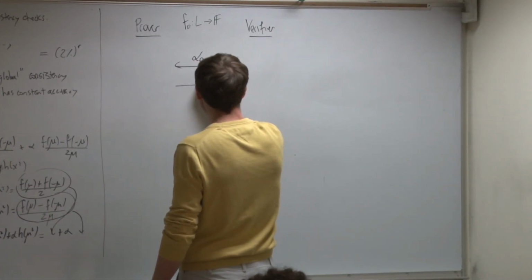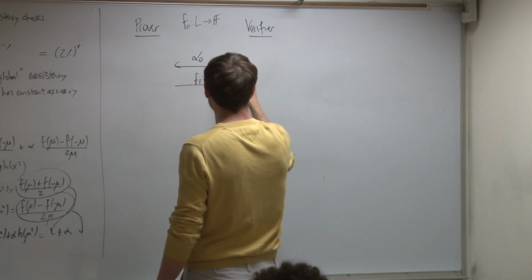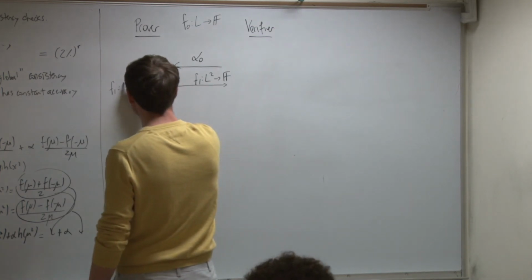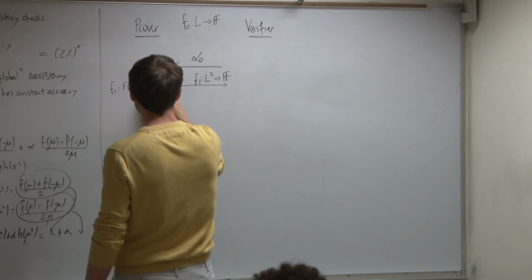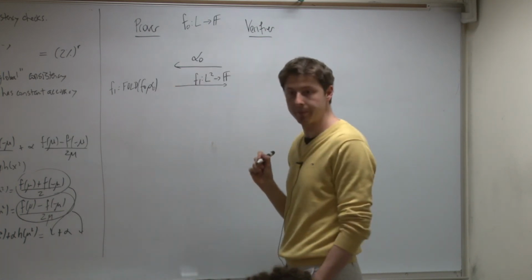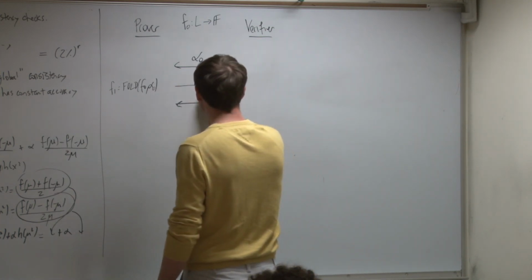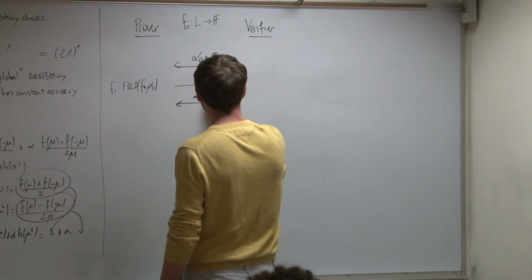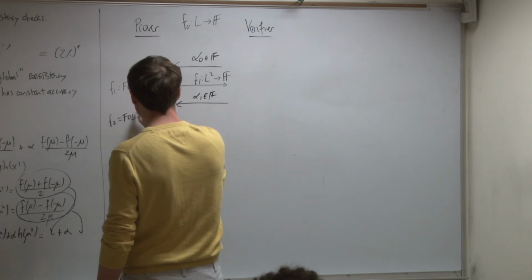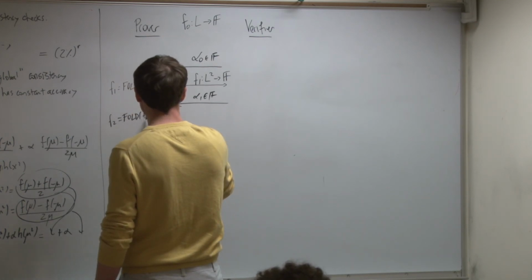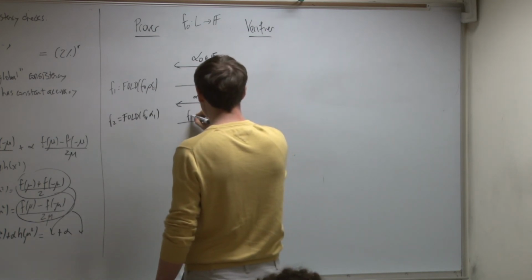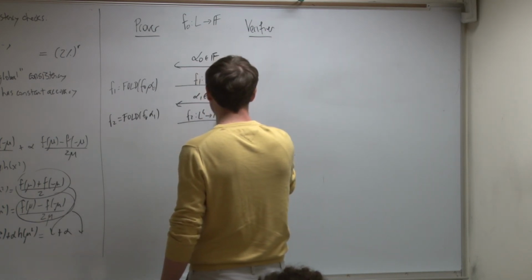Then he's going to send f1, which is from L squared to F. Now, allegedly, f1 is when you fold f0 around alpha 0. Then I send alpha 1. All of these are random, okay? The prover is going to compute f2, which is folding f1 around alpha 1. And he sends f2. f2 is from L to the 4th to F.